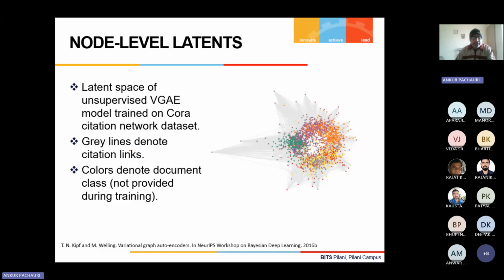Here the gray lines denote the citation links, and the colors green, purple, red, orange and yellow denote the document class, which was not provided during training. That's why it is called unsupervised learning. And they end up with research papers of various domains.